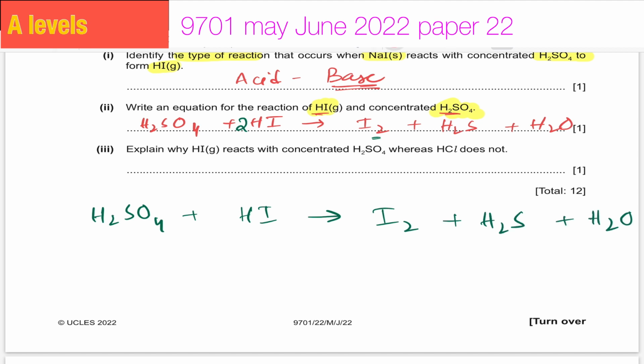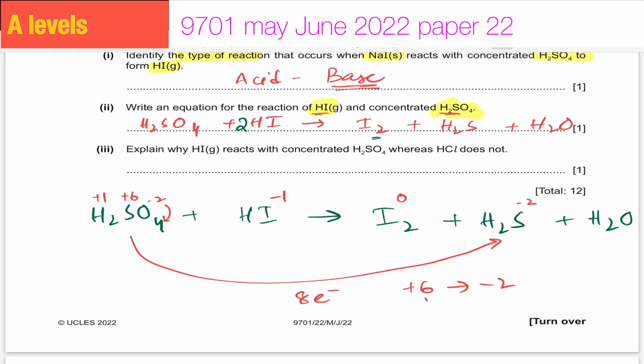First, let's confirm it is a redox reaction using oxidation states. Iodine is -1 on the reactant side and 0 on the product side, so it is losing electrons, the oxidation state is increasing, and iodine is oxidized. Sulfur on the reactant side: -2 into 4 is -8, plus 1 into 2 is plus 2, so sulfur is +6. On the product side it is -2. So sulfur is gaining 8 electrons, from +6 to -2.